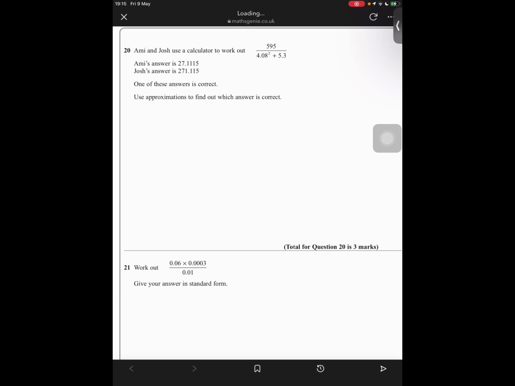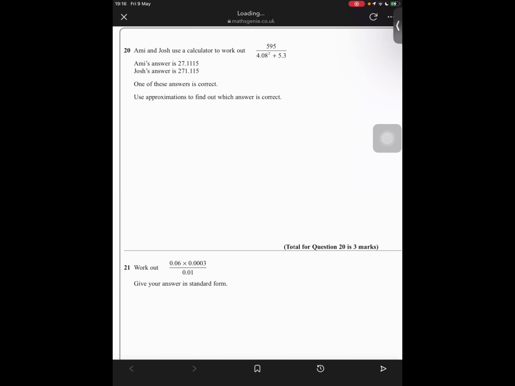So it says one of these answers is correct. Use approximations to find out which answer is correct. So if we were to approximate, how would you go about it? What would you approximate 595 to? 600. Excellent. Okay, so let's keep that on top.